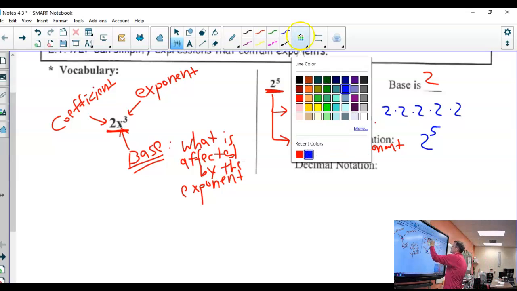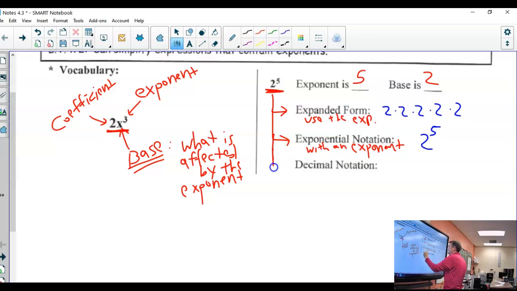And last, but not least, decimal notation. Decimal notation is when you get the answer.